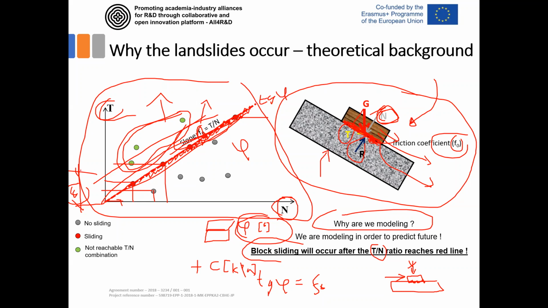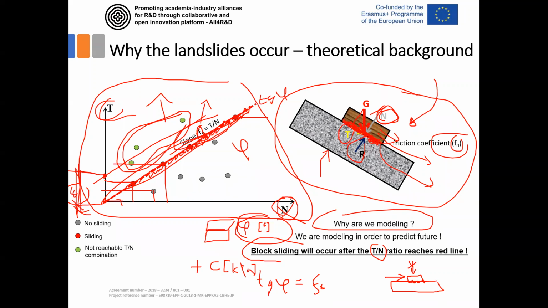And we often have this line not intersecting the T-N system at 0, but intersecting it here. So we have this resistance without normal load, which physically can be explained like sticking these two blocks together.